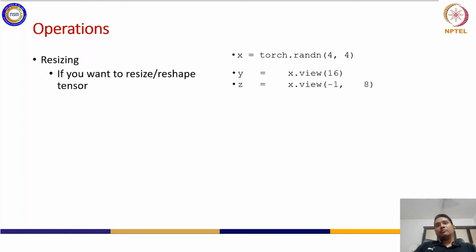This view function will be very, very useful while you are working with neural networks, be it artificial neural networks or convolutional neural networks; you will be using the view function very frequently. Now, you can also use -1 as one argument in your dimensions.